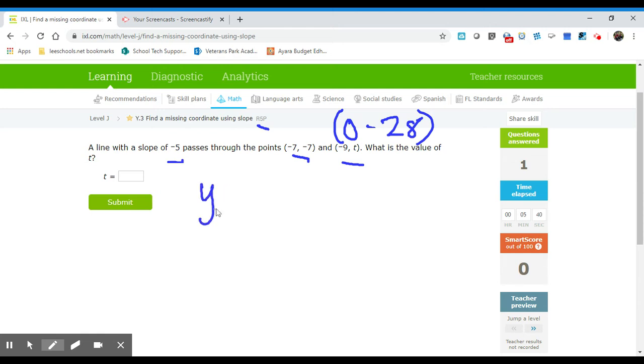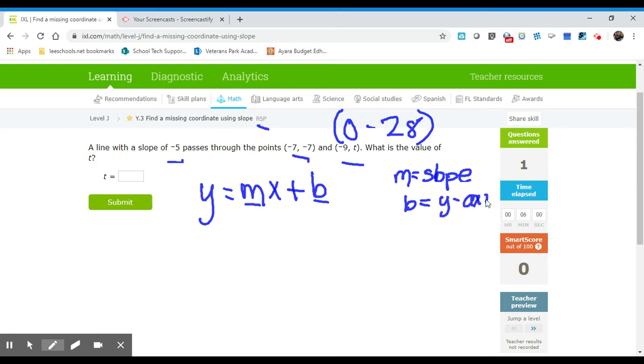It is y equals mx plus b. Remember, m is always the slope, and b is always the y-axis intercept.